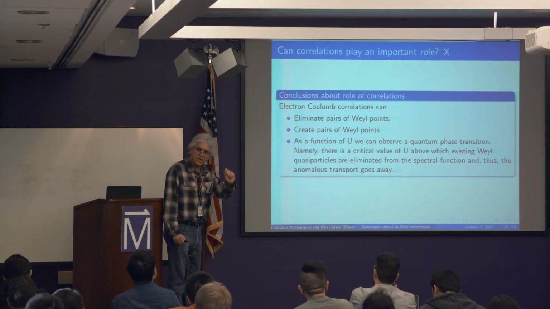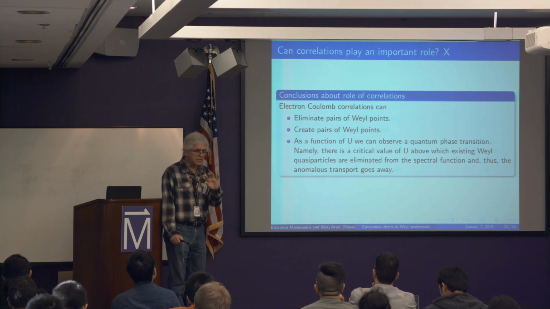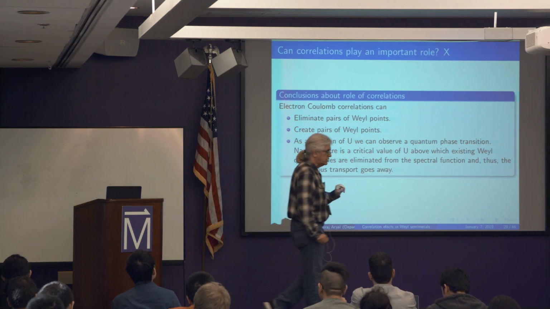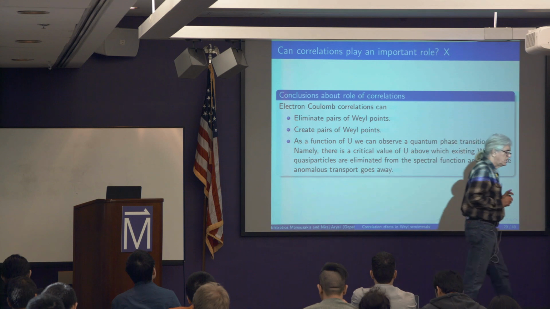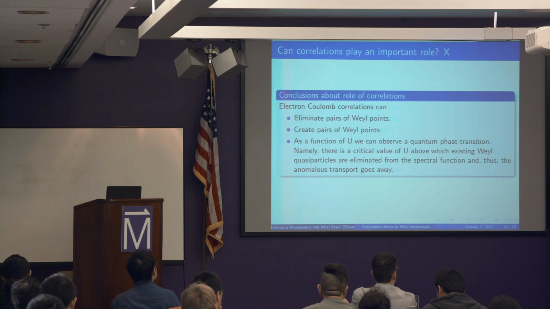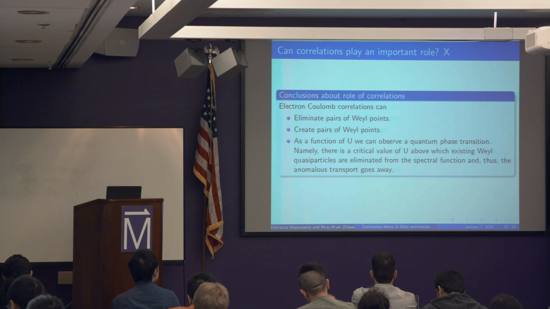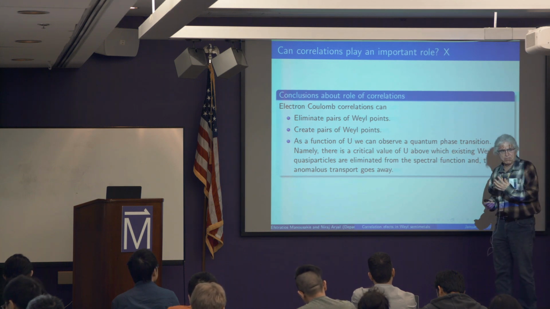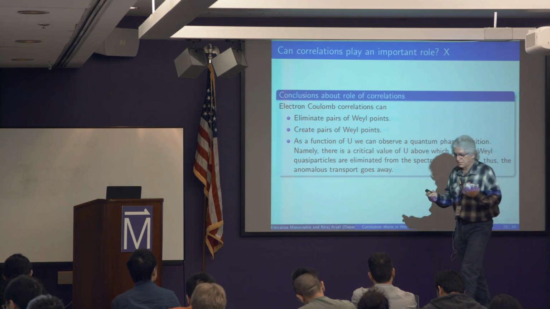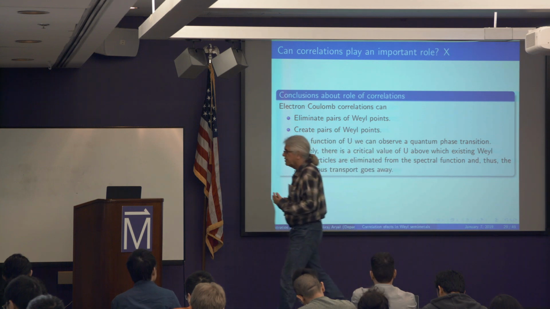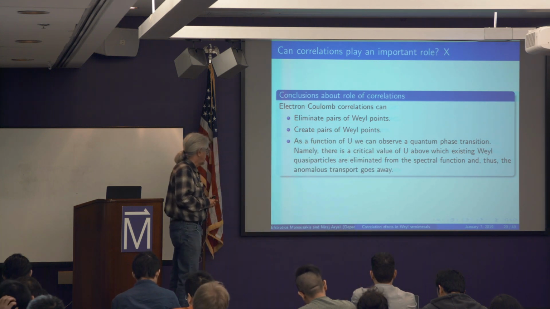These constraints are not satisfied at one point in 3 dimensions. They are satisfied in a range. So if I crank up an infinitesimal u, I'm not going to do anything. I need a finite value of u in order to disturb them and get them outside the validity range. So I can eliminate pairs. They have to be eliminated in pairs, right, because of the theorem.